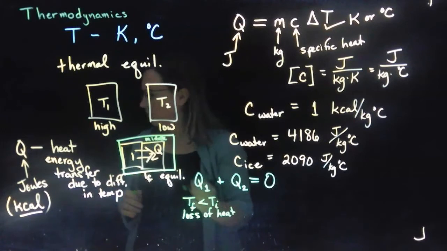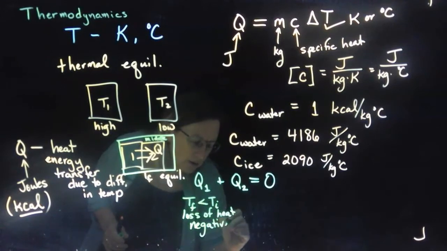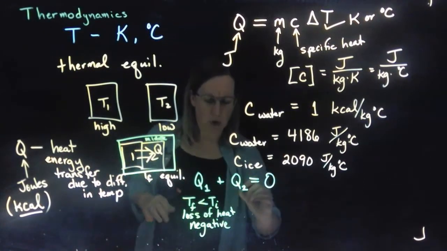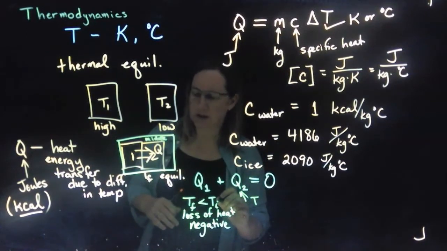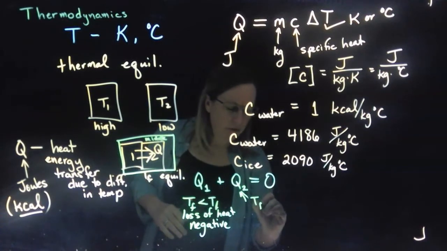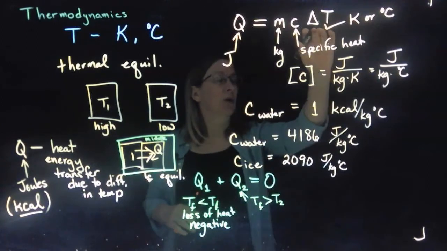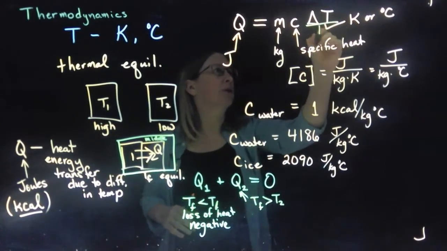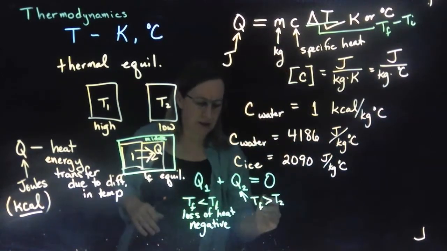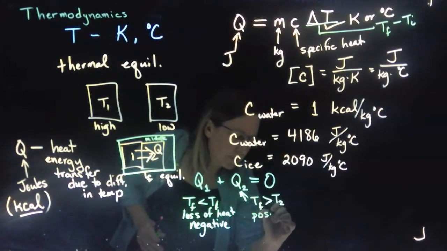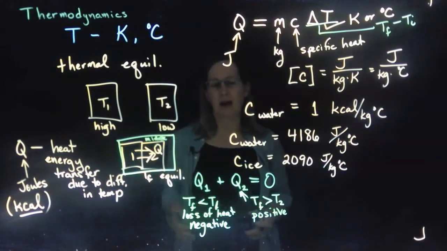Whereas for the second object, T final is greater than T2, so it's greater than the initial. So according to this equation, remembering of course that this is T final minus T initial, this would be positive. So we have a positive and a negative, and they have to equal 0.